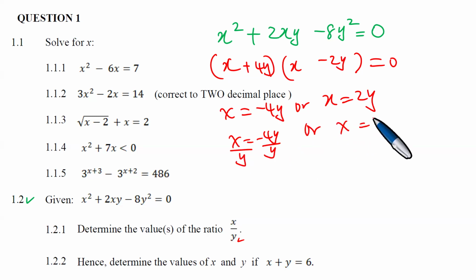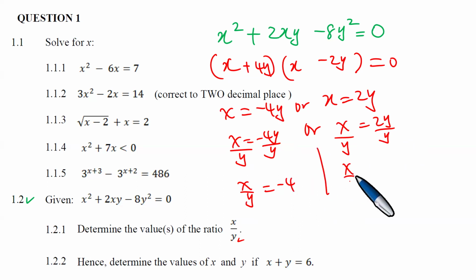Also here x equals 2y, you divide this by y and that by y, which means x over y is minus 4. And here this means x over y equals 2. So we got the values of x over y: minus 4 and 2, and we are done. We determined the values of the ratio here.